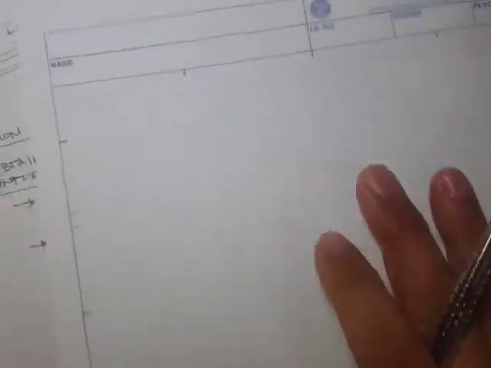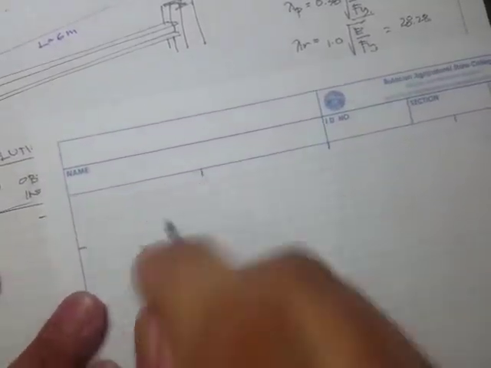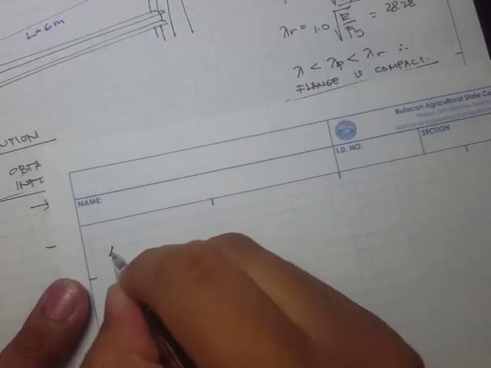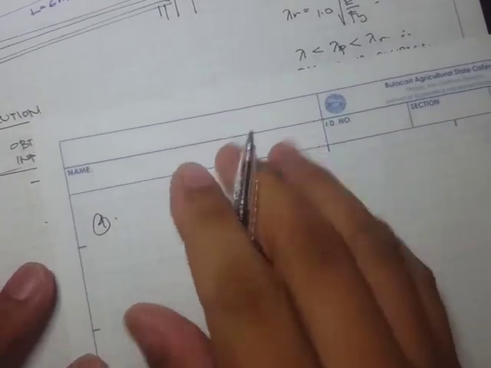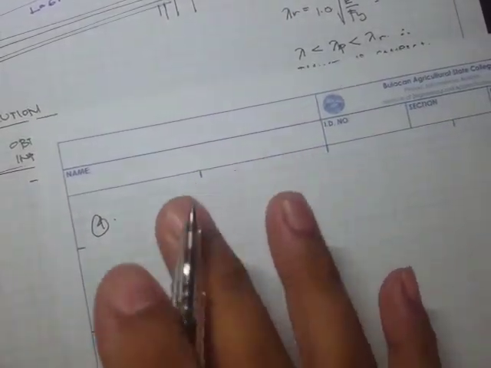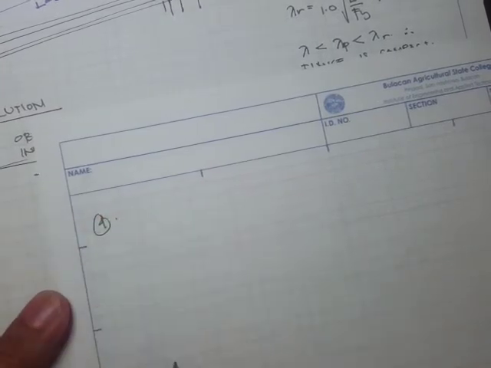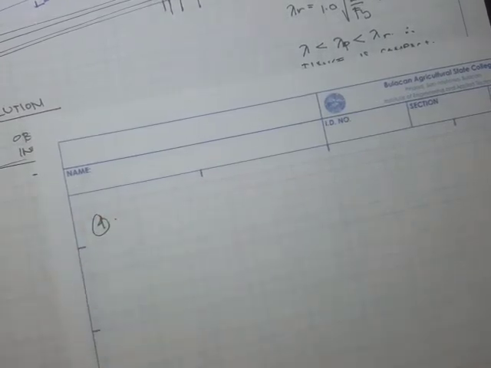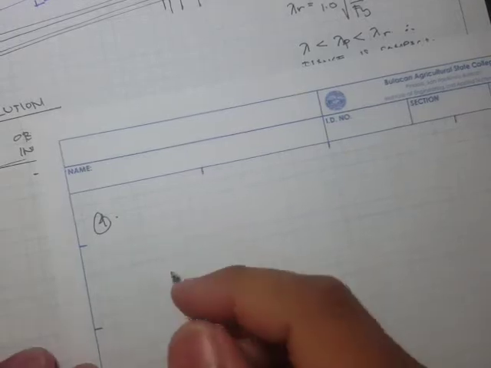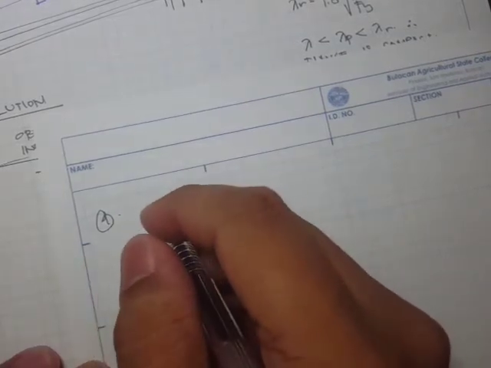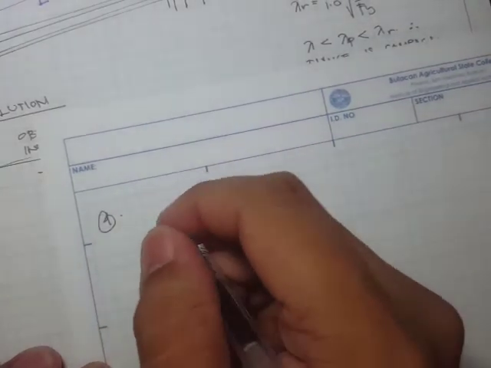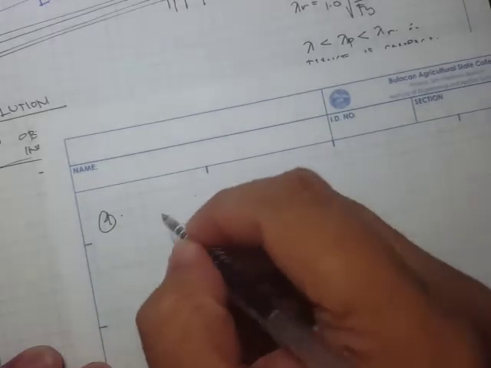Okay, so the next step is step number 4. From here onwards, we will be solving for the lateral torsional buckling. But before that, we have to check the brace length and the limiting values.